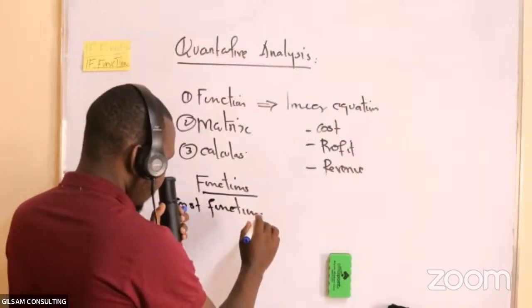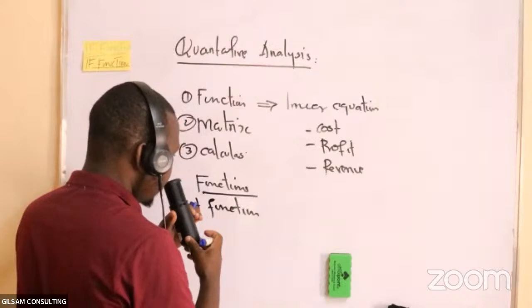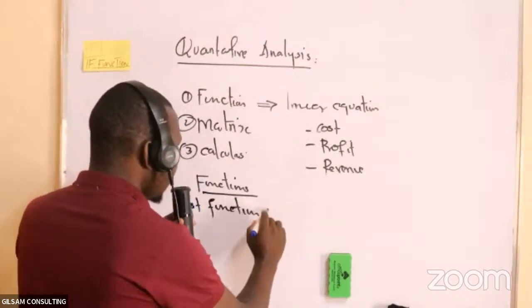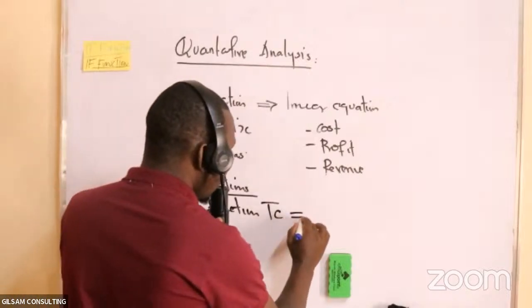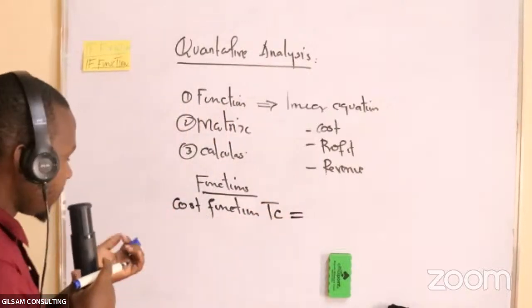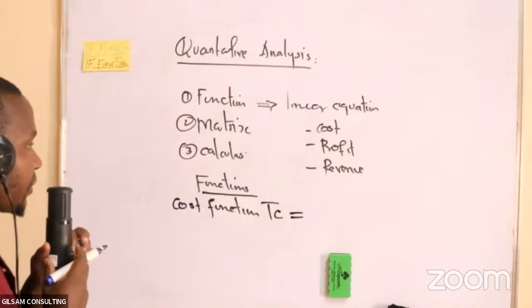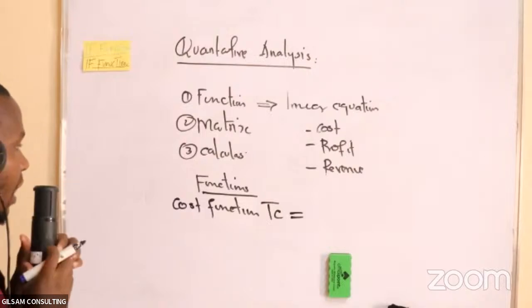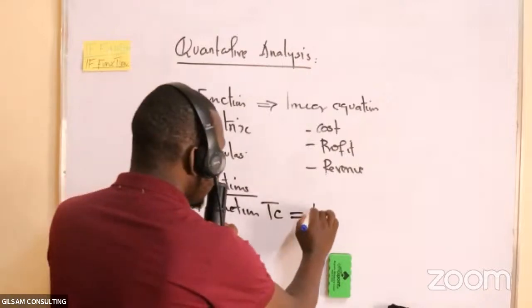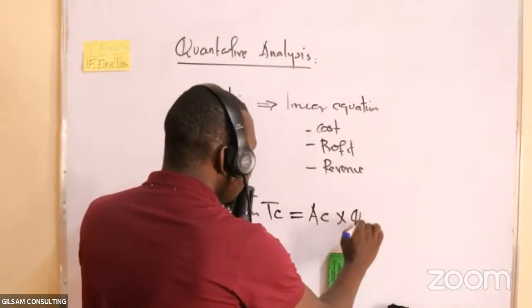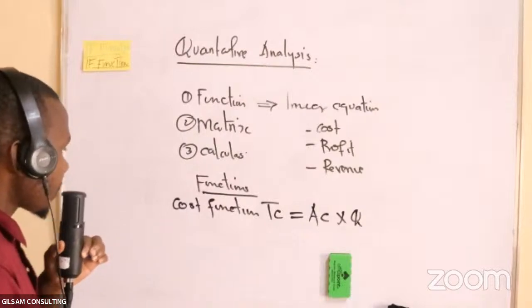We write the cost function as TC. TC is the cost function. And how do you get the total cost? The total cost is the average cost times quantity.